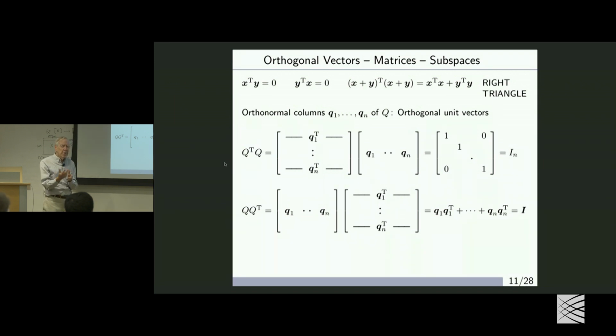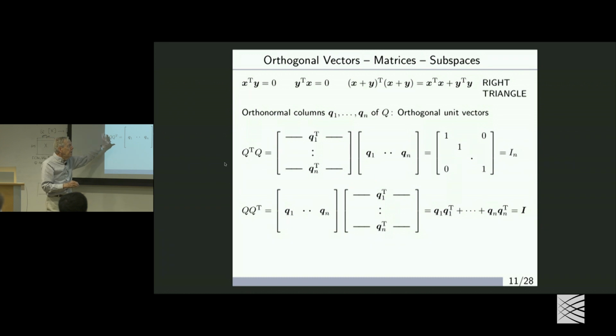I can multiply orthogonal matrices forever without exploding, without having numbers that overflow, without having numbers that underflow. Products of orthogonal matrices are just like multiplying 1 and minus 1 forever. You don't get big, you don't get small.